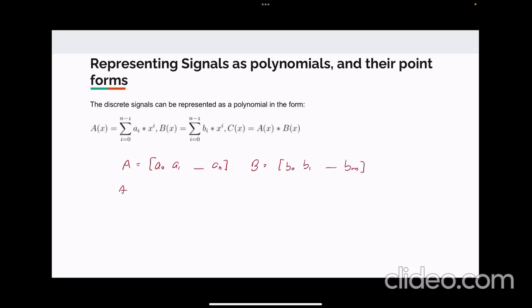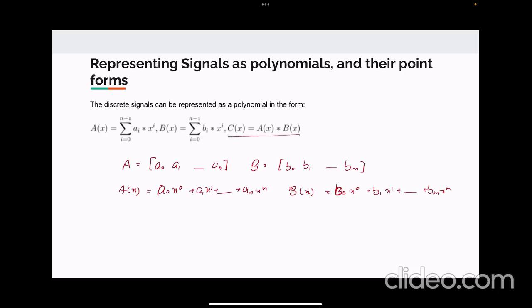I'll represent this as a polynomial A of x, which will be A0 x to the power 0 plus A1 x to the power 1 plus up to An x to the power n, and B of x as B0 x to the power 0 plus B1 x to the power 1 plus up to Bm x to the power m. And what will this do? This will help us to calculate the convolution C.